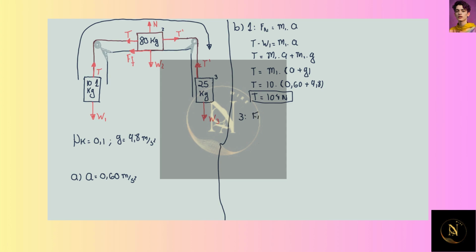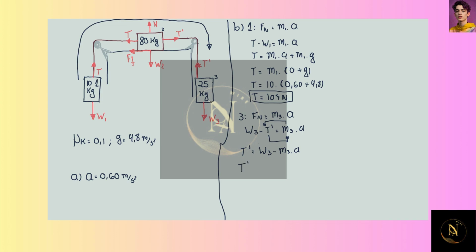The net force acting on that block equals its mass times its acceleration. Notice that there are two forces acting on this block: the tension force that points to the negative direction and the weight force that points to the positive direction. Then weight number 3 minus the tension equals m3 times a. I solve this equation for the tension by sending this term to the other side, so the tension is given by weight number 3 minus m3 times a.